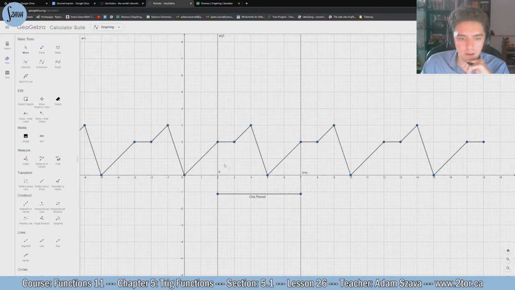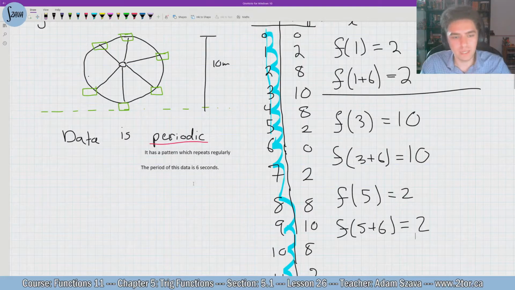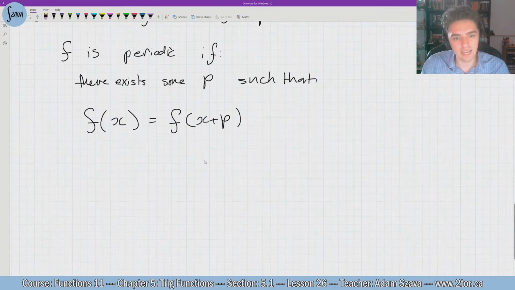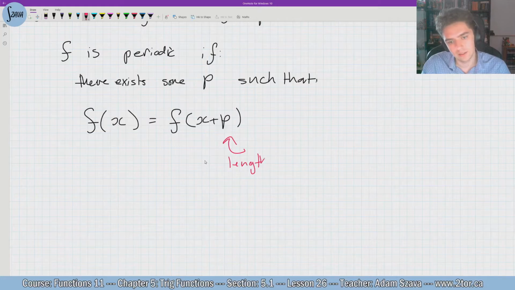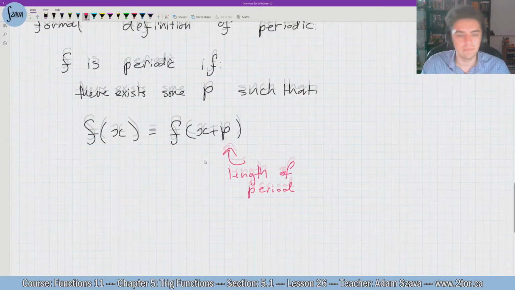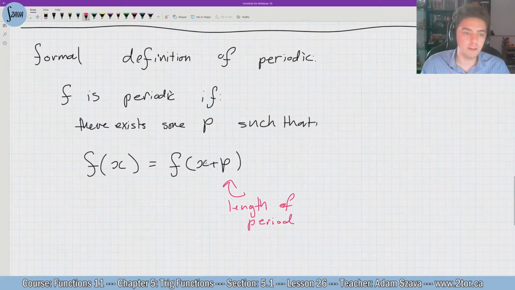So f of 2 is 2, and f of 2 plus a period is also 2. So p here is the length of the period. So a function f is periodic if it has some period.